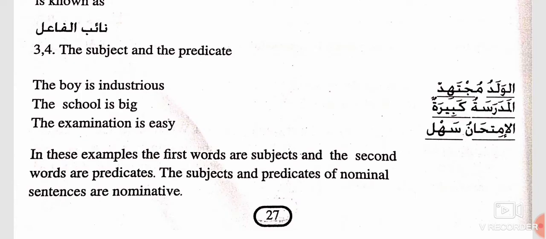Mubtada and khabar, they are also given raf'u. In these examples, the first words are subjects and the second words are predicates. The subject and predicate of nominal sentences are nominative.